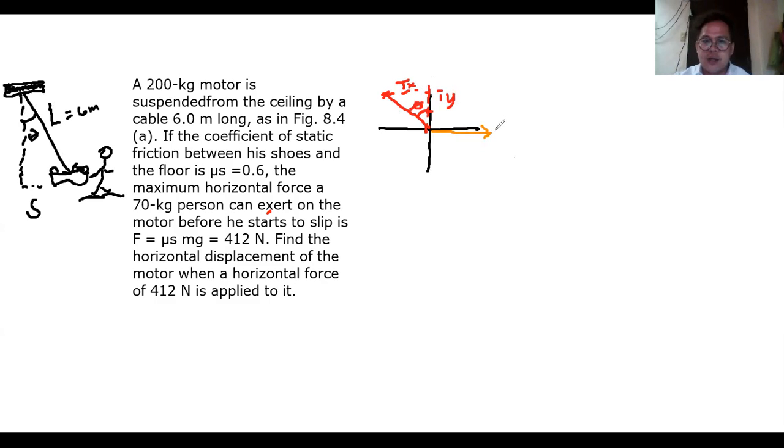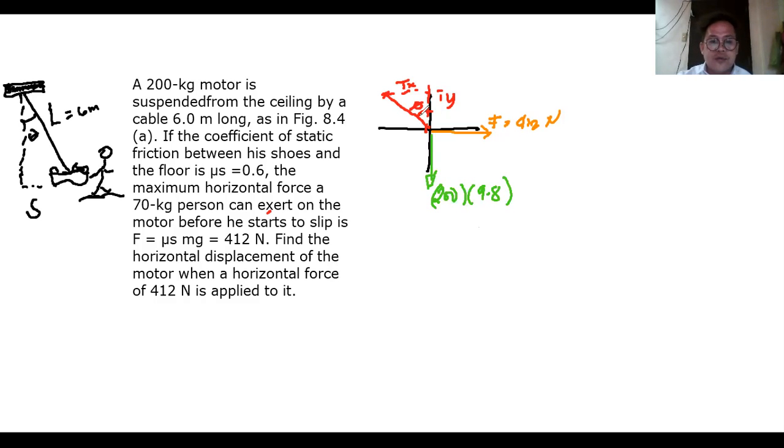Let's call it F, which is 412 Newton. Then we have the weight of the motor, which is downward here, and it is equal to 200 multiplied by 9.8, because the given there is the mass, which is 200 kilograms.